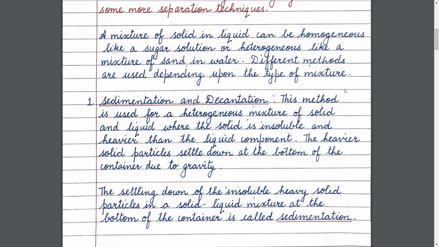The heavier solid particles settle down at the bottom of the container due to gravity. So, the settling down of the insoluble heavy solid particles in a solid liquid mixture at the bottom of the container is called sedimentation.